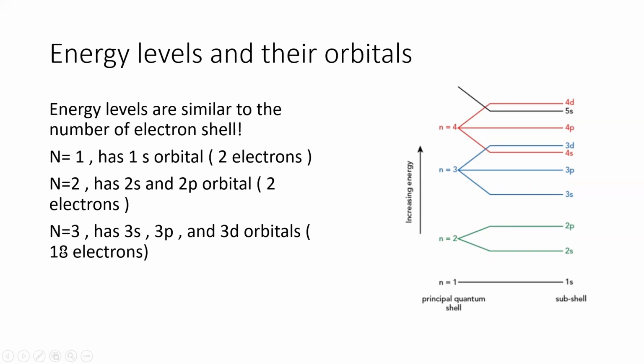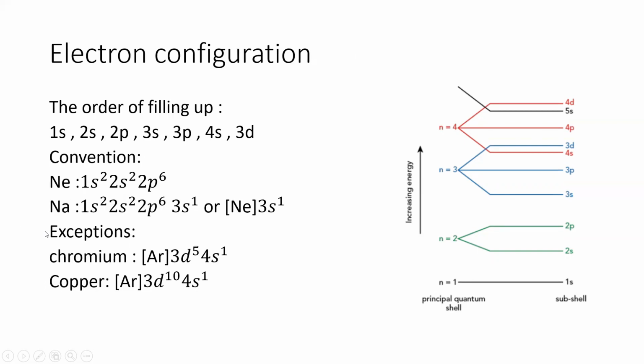However, there are transition metals now. You have to consider transition metals now, and there's an increase of 10 electrons in the third shell, that's why it has 3s, 3p, and 3d: 2 in 3s, 6 in 3p, and 10 in 3d, which gives us a total of 18 electrons.